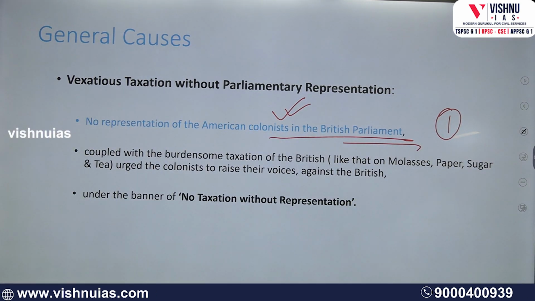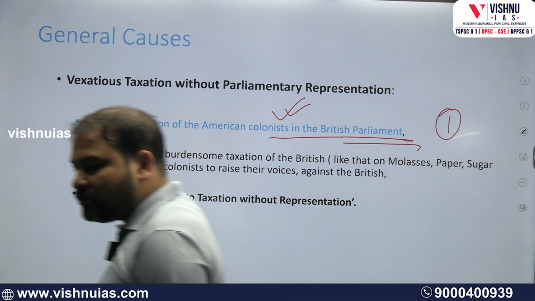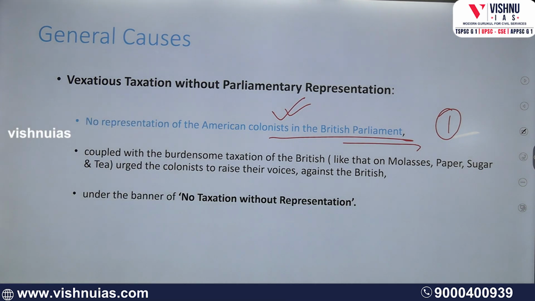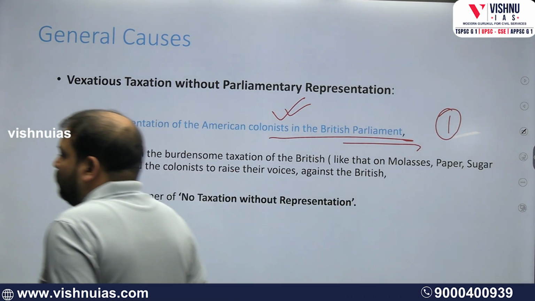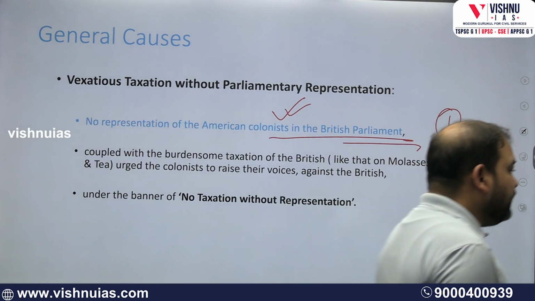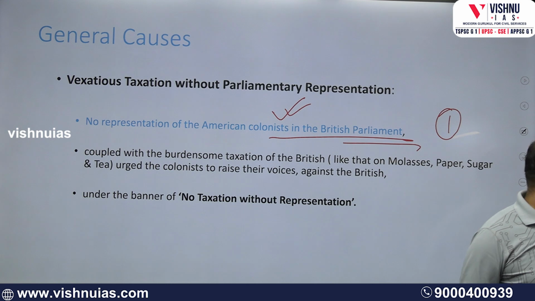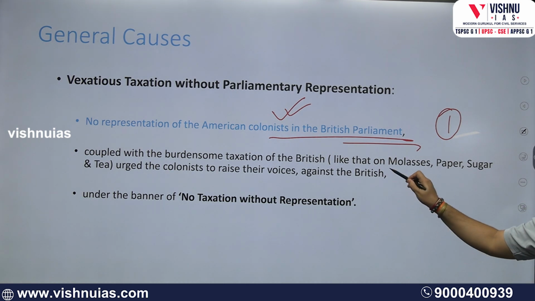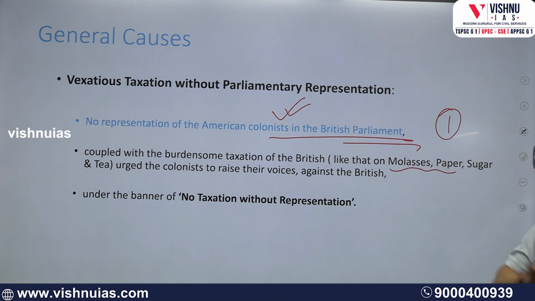You can write one line: there was no representation of Americans in British Parliament, but they could put any tax on the American people. No need to remember, you will see all these sugar tax, tea tax, all that will come in some time. That's your first point.